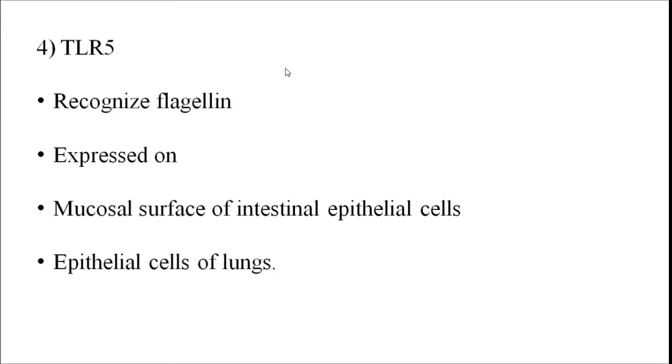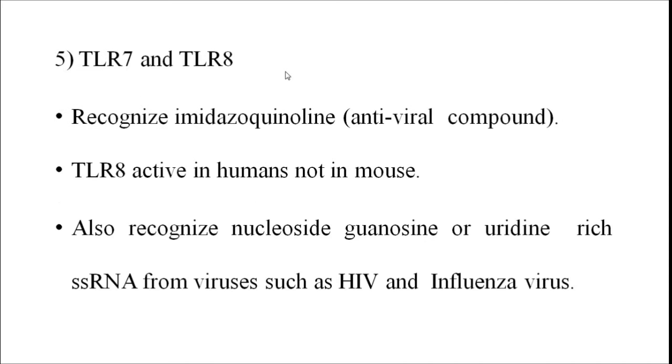Toll-like receptor 5 can recognize flagellin and is mainly expressed on the mucosal surface of intestinal epithelial cells and epithelial cells of the lungs. Toll-like receptors 7 and 8 are involved in recognition of the antiviral compound imidazoquinoline, and they are mainly active in humans but not in the mouse.